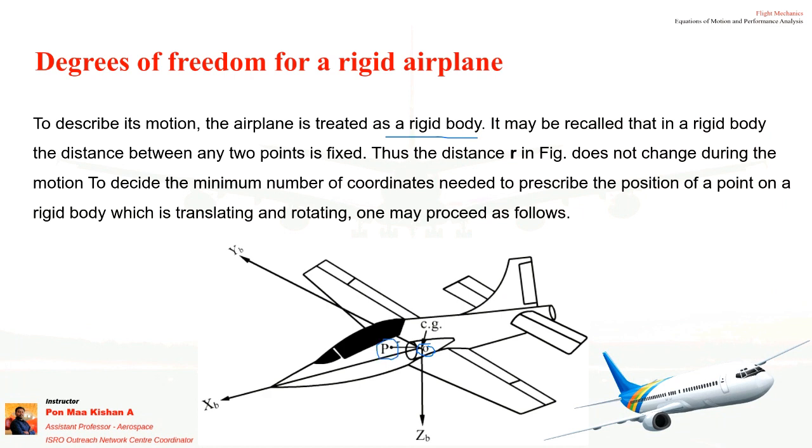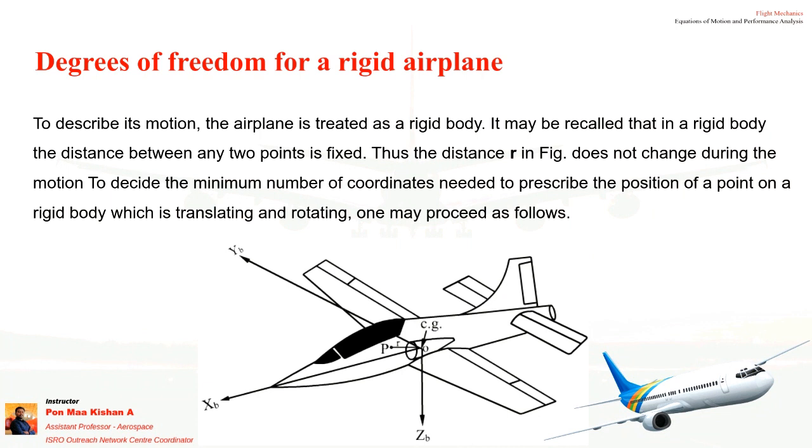The distance between point O and point P, where O is the origin at the center of gravity, is given with respect to R.